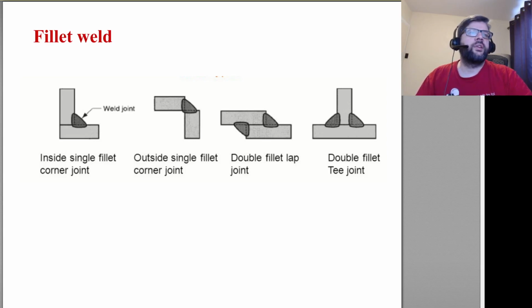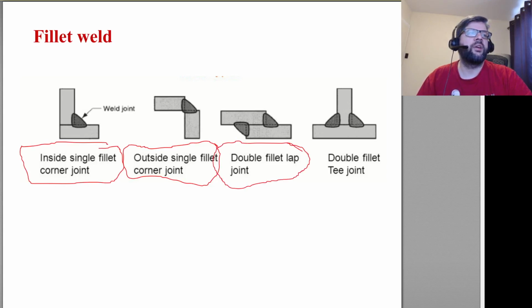Fillet welds. Generally speaking, fillet welds are going to be more common than butt welds. They're quicker at the very least, often easier to lay down, but so you can have an inside fillet joint, fillet corner joint, an outside fillet corner joint.